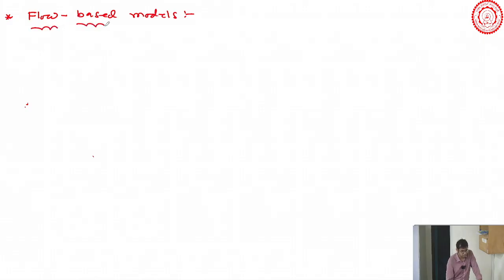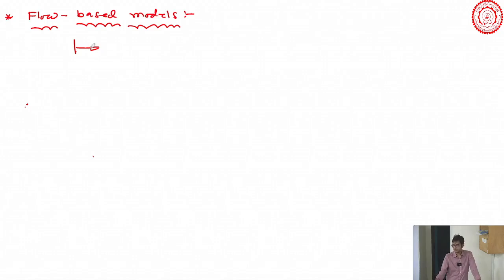So now to quickly recap, we were talking about flow-based models last time, and the idea of flow-based models is based on two simple principles. What are the two principles? The first principle is the transformation of variable, the transformation of distribution.